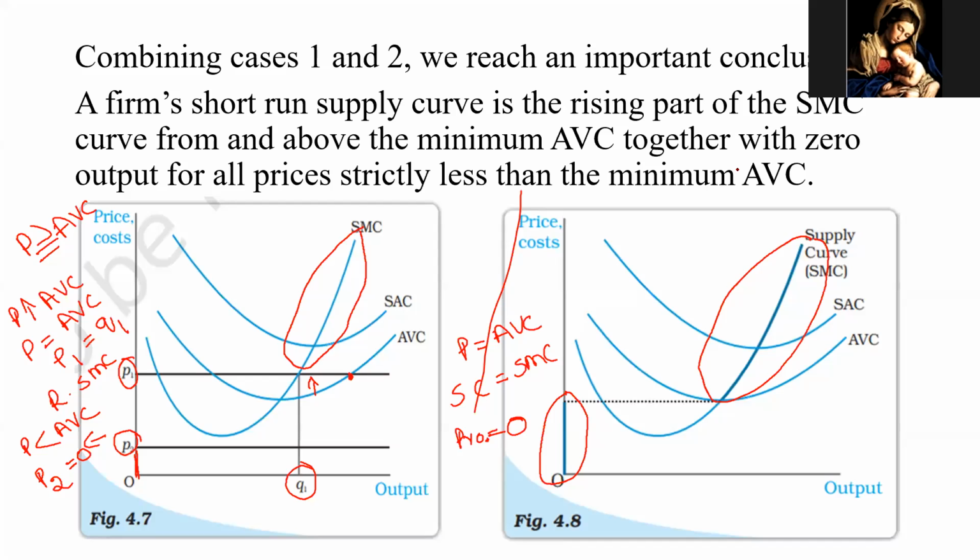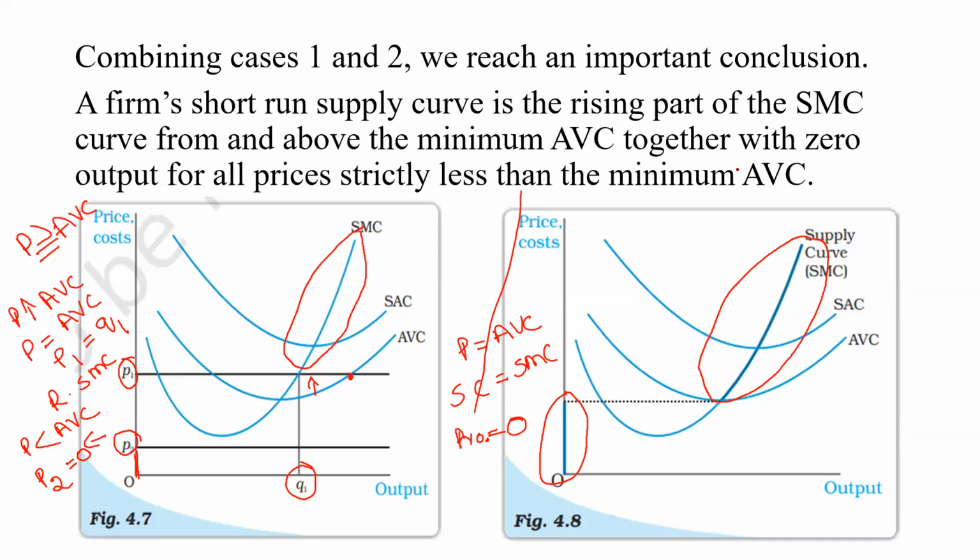Have you understood both the graphs, case 1 and case 2? Remember, in the second graph, you are not going to produce Q0. You are going to produce zero output, which is represented here by the thick line. Is it clear to everyone?